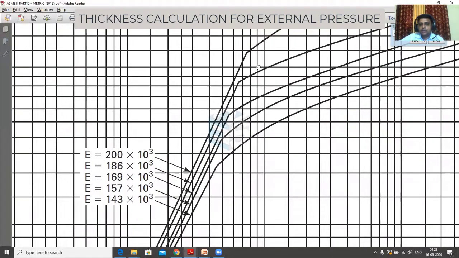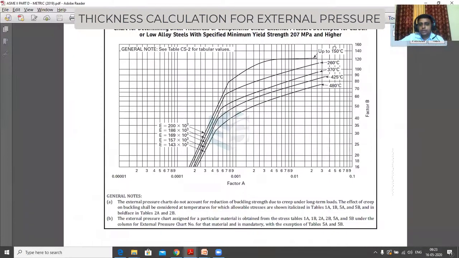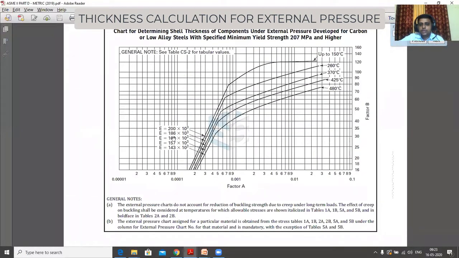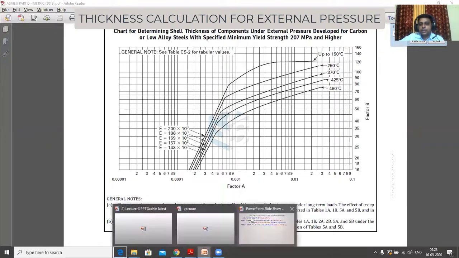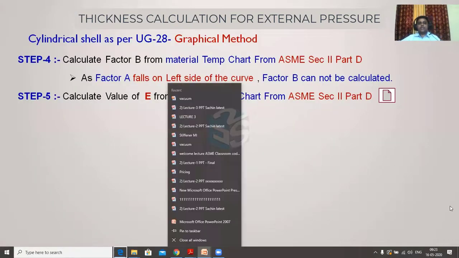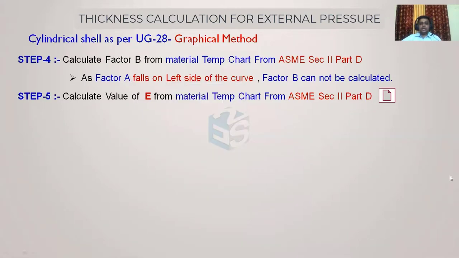If it is in between, like 150, 200, 260, and these two values are there, then we can simply interpolate and get the correct value of Young's modulus. In this case, we can directly have that as 200 into 10 raised to 3 MPa. So from this material temperature chart, we have found that our Young's modulus value is 200 into 10 raised to 3 MPa.